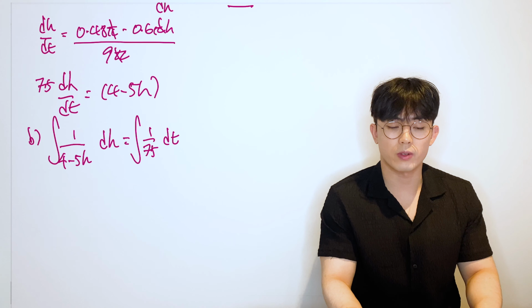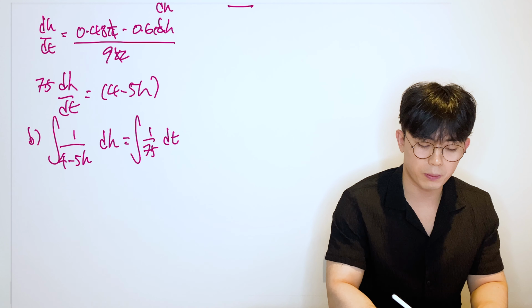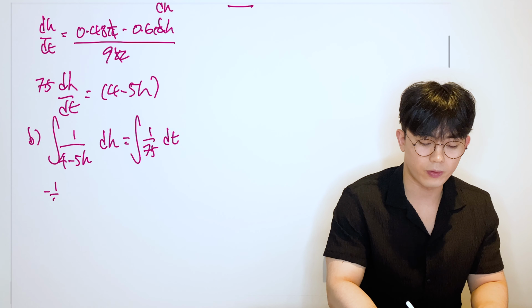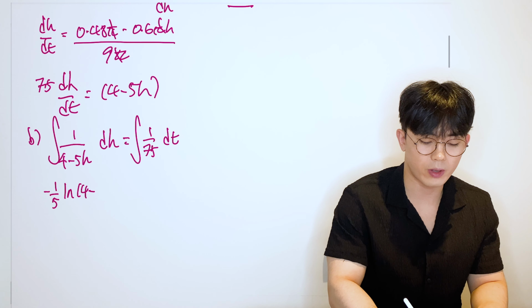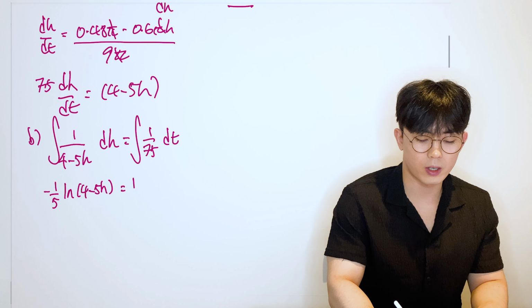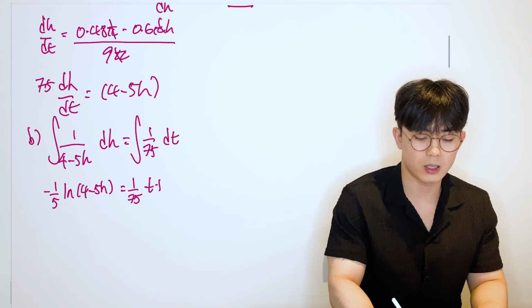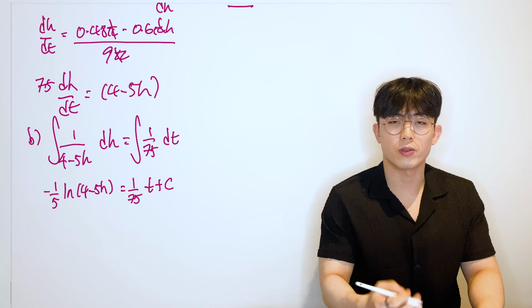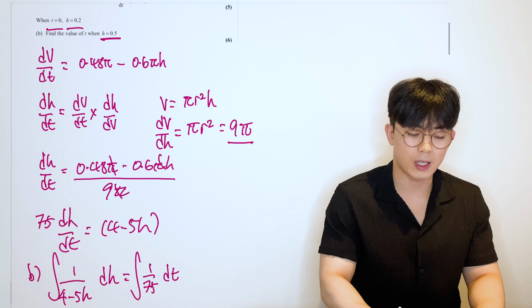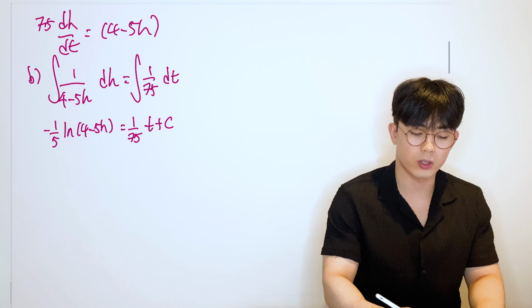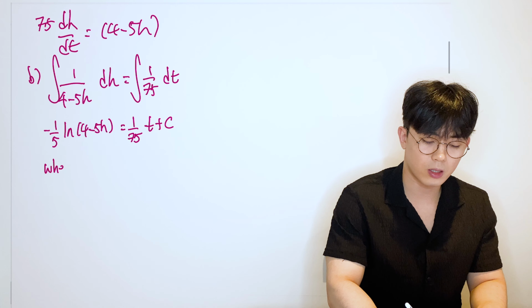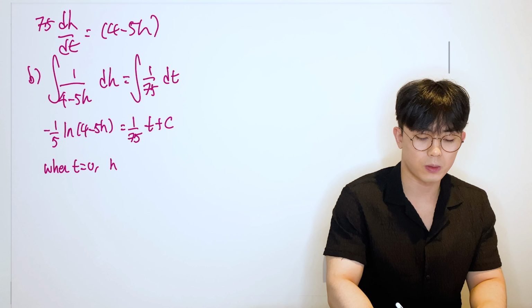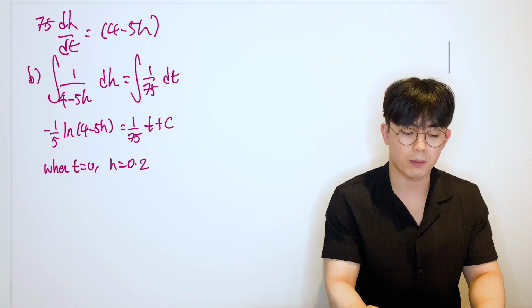And now it's just a matter of integrating it. So this one is going to be negative 1 over 5 ln of 4 minus 5h, and that's going to be equal to 1 over 75 t plus c. This is a general solution, and we need to find the particular one, and they told us that when t is 0, h is 0.2. So when t is 0, h is 0.2, which I can plug in to find my c.